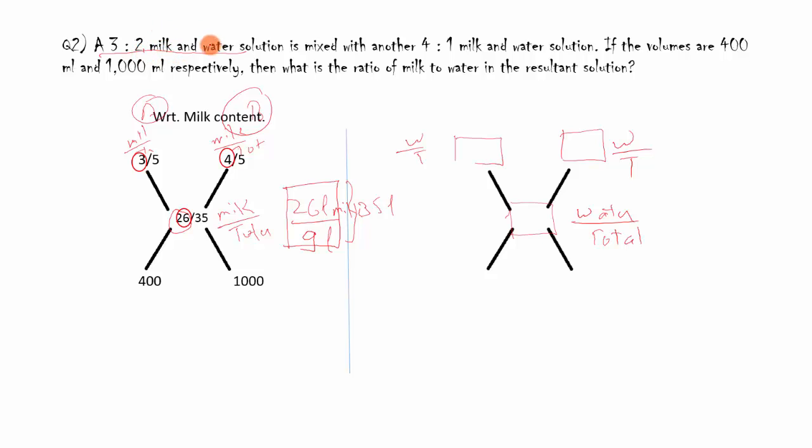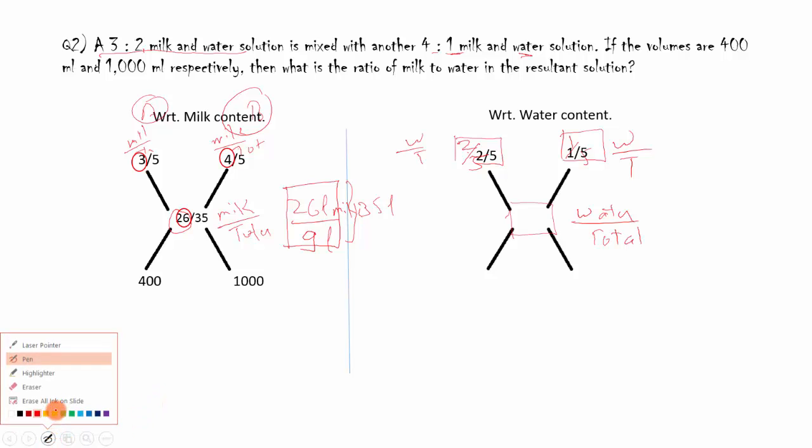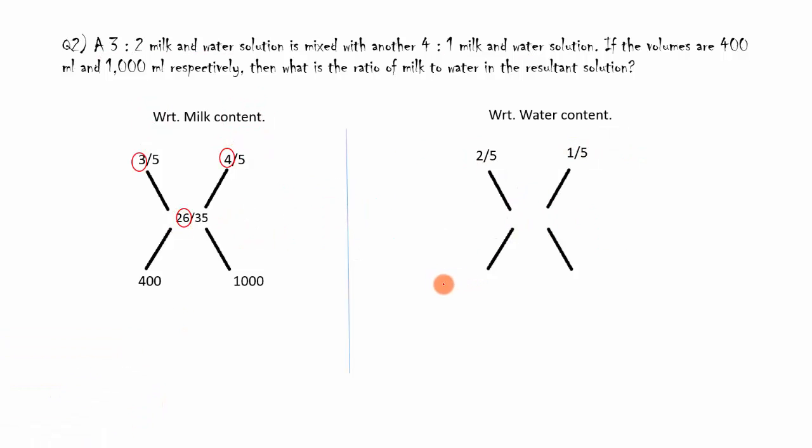We have 3 milk and 2 water, right? So 2 out of 3 plus 2, 2 out of 5 water. And in this case, how much water we have? 1 water, right? 1 out of 5 water. So 2 by 5 and 1 by 5.